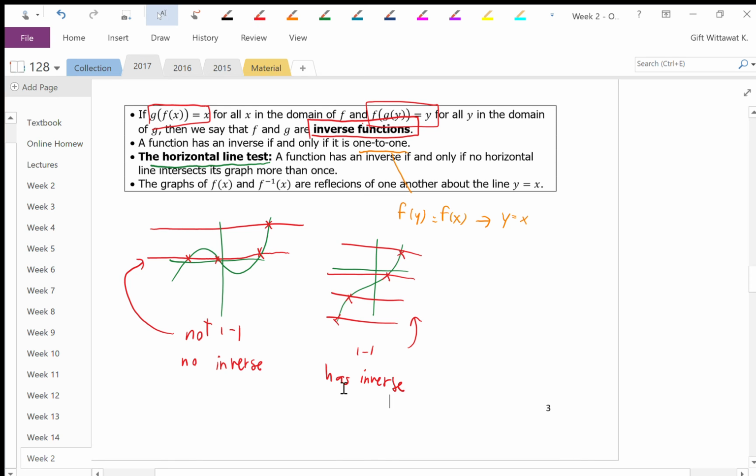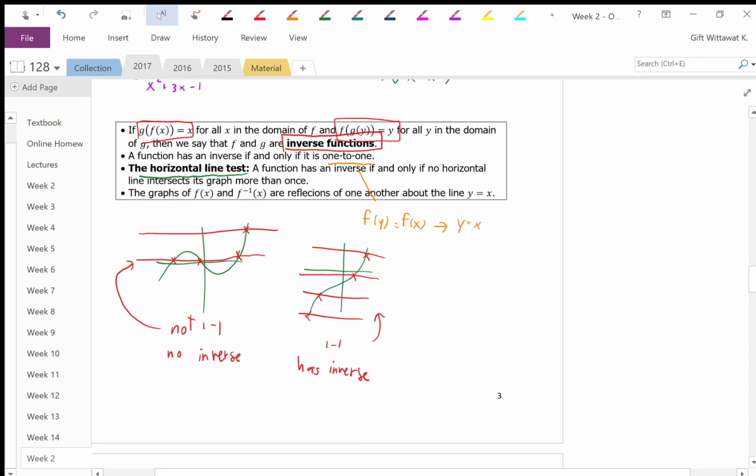Now, the graph of a function and its inverse are going to be reflections, the mirror image of one another about the line y equal to x. Let me make a quick example here.